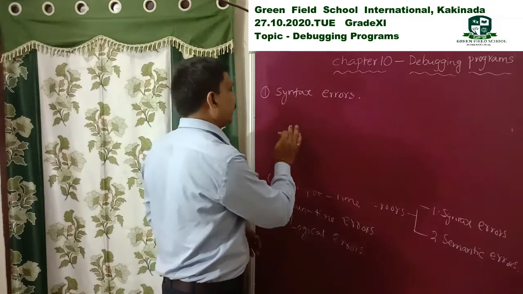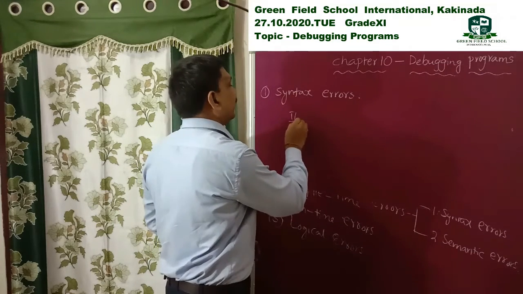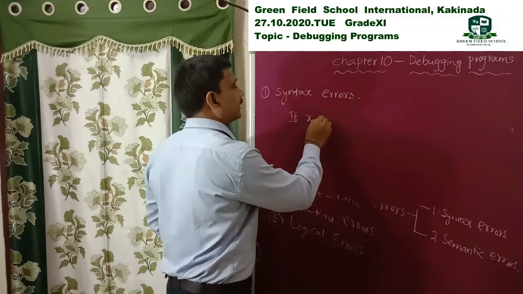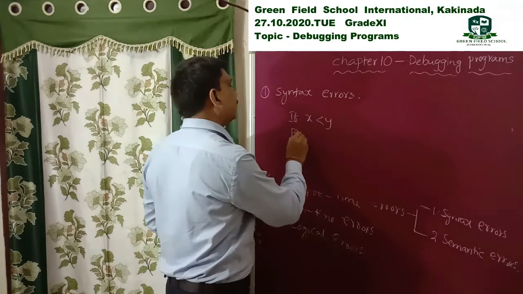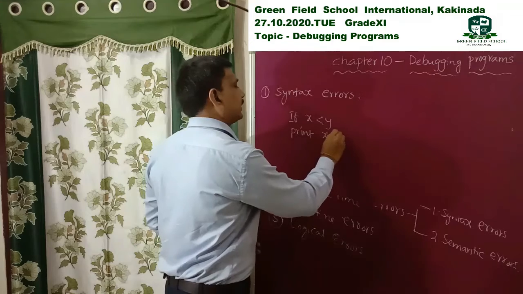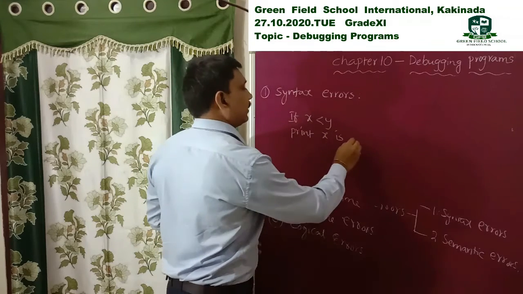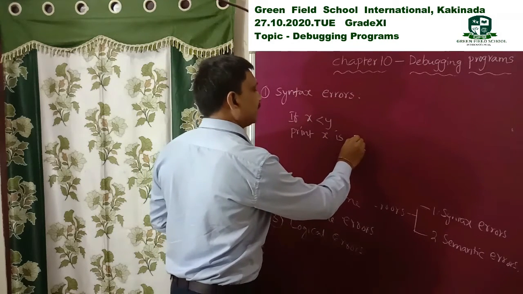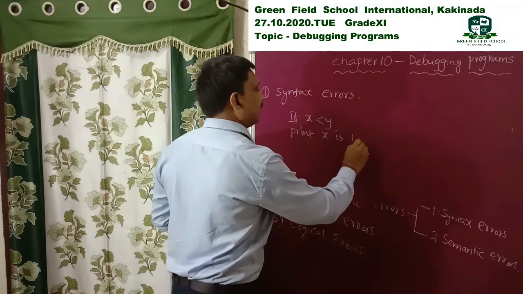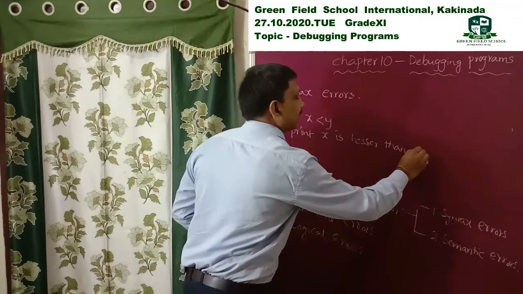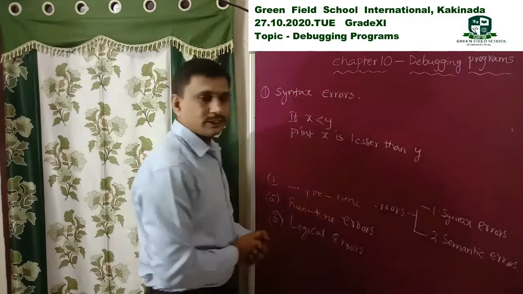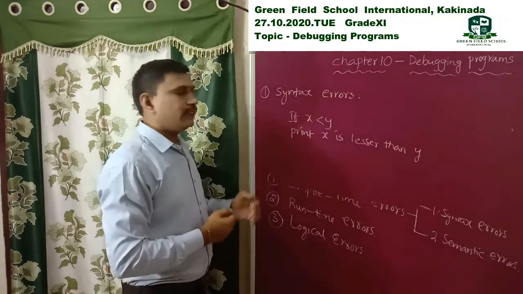Suppose I write one code here: if x is less than y, print "x is small, x is lesser than y". This is the code I write here.